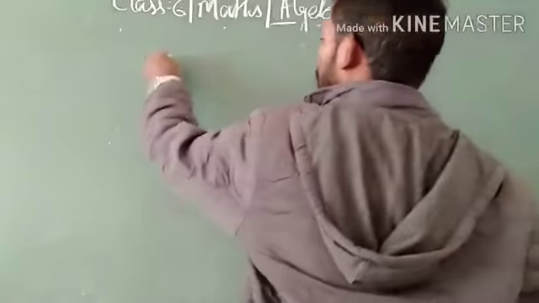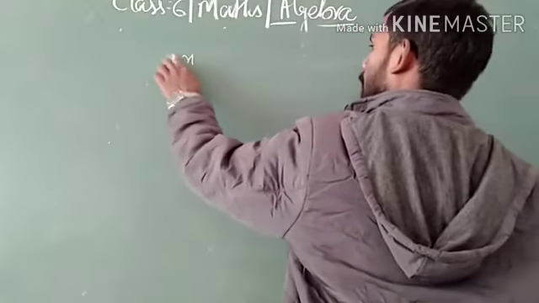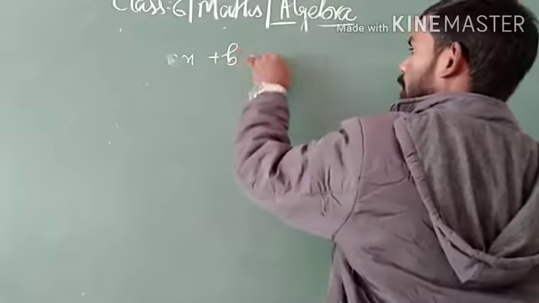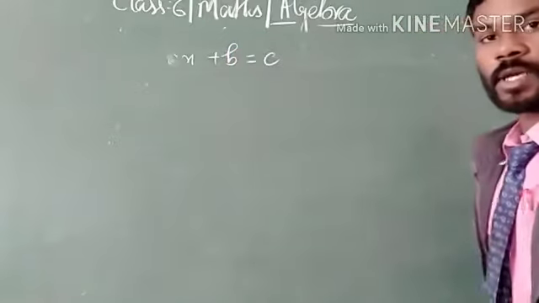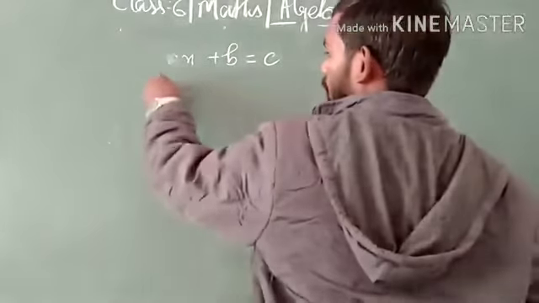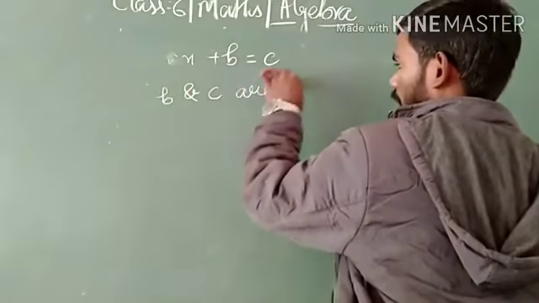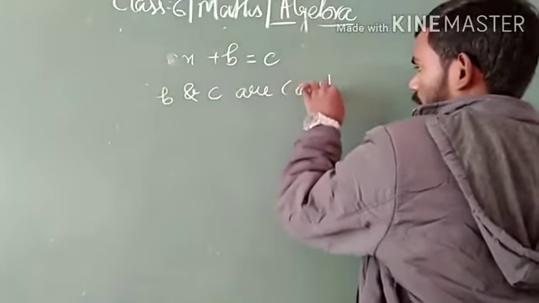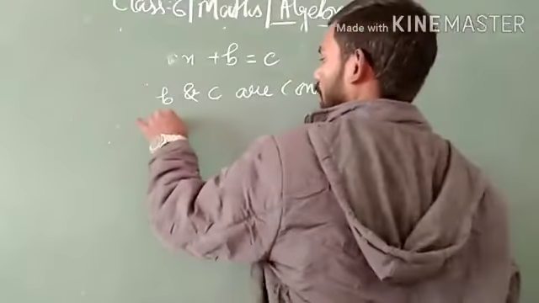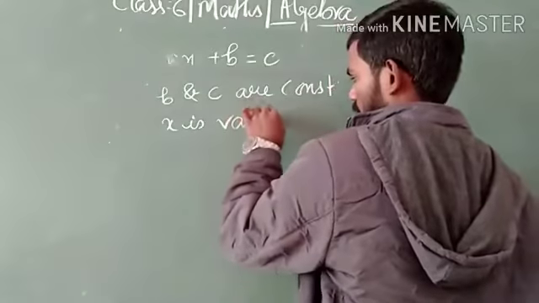Just suppose that ax plus b is equal to c is an equation where b and c are constants and x is the variable.